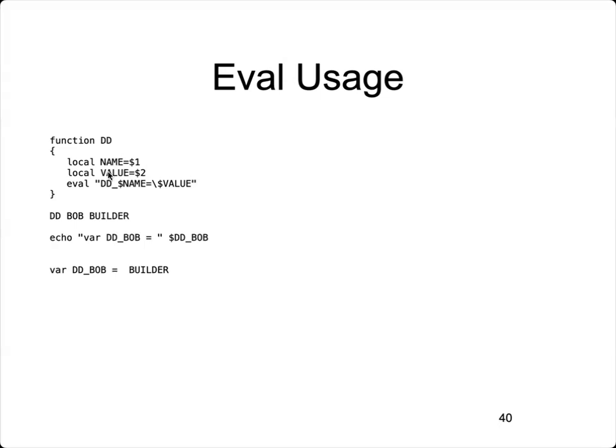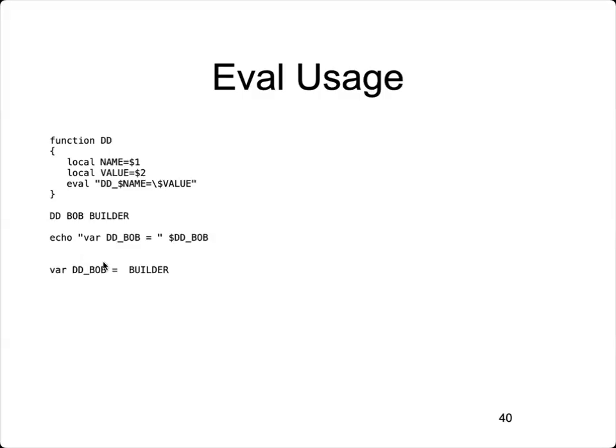So we've got this function, and you can see here the $ sign is escaped out. The first time through this code, it's going to create a variable called DD underscore Bob. The second time through when it evaluates it, this is going to be dollar value, and it's going to pick up builder.